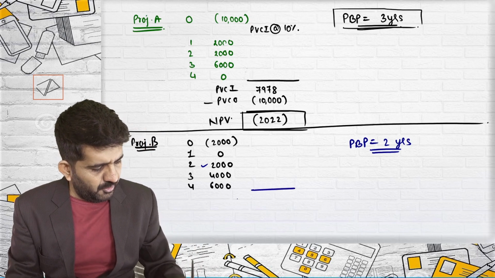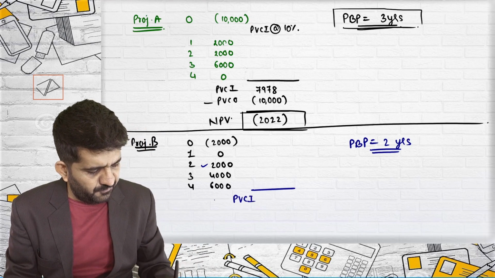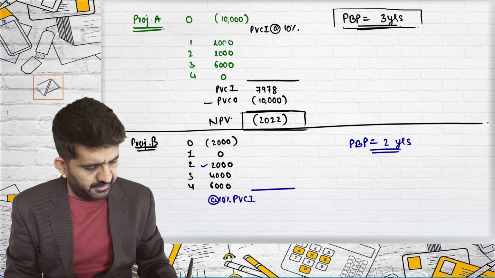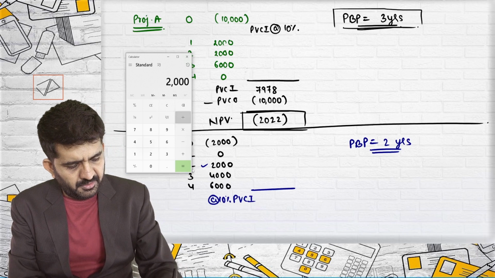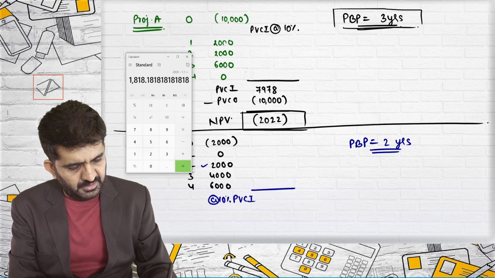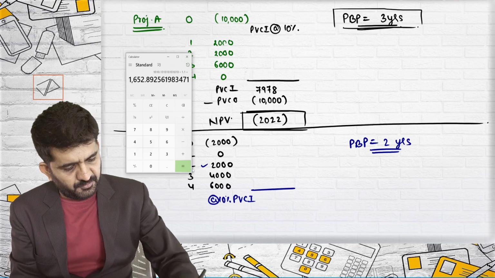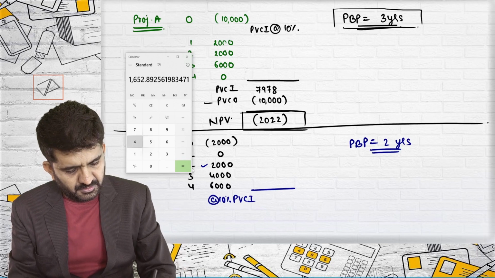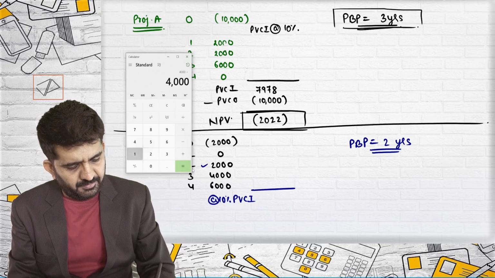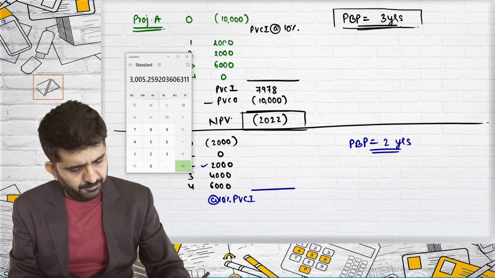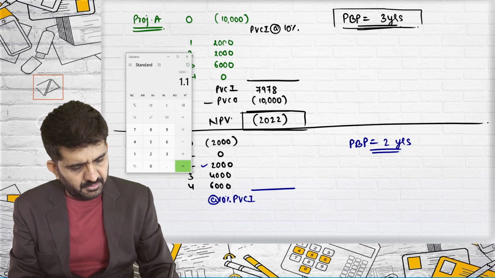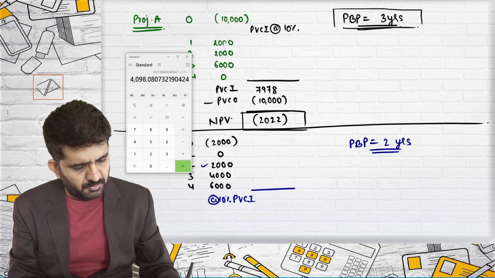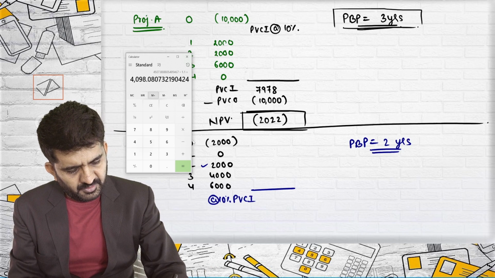I will be finding out the present value of cash inflow at the rate of 10%. It is 2000 divided by 1.1, because it is after 2 years, M plus. 4,000 divided by 1.1, M plus. 6,000 divided by 1.1, M plus.